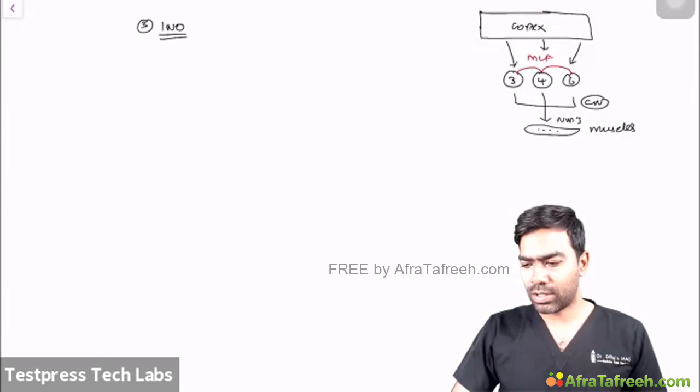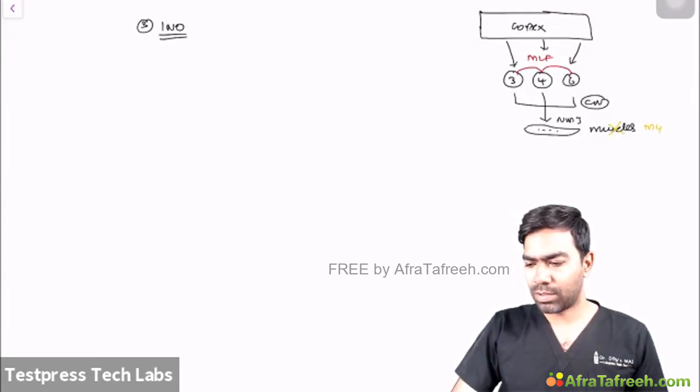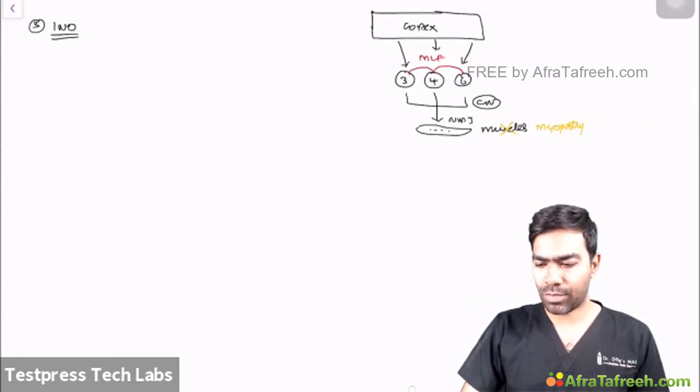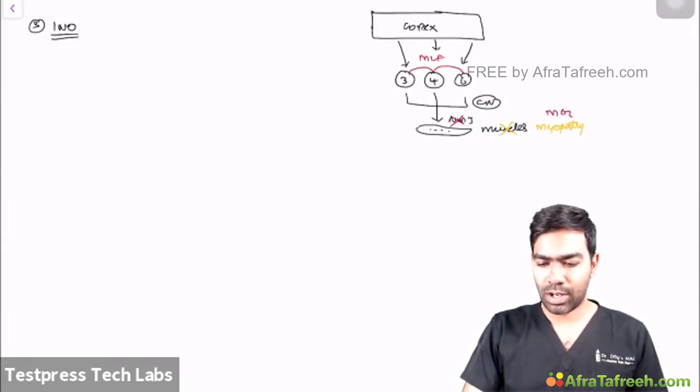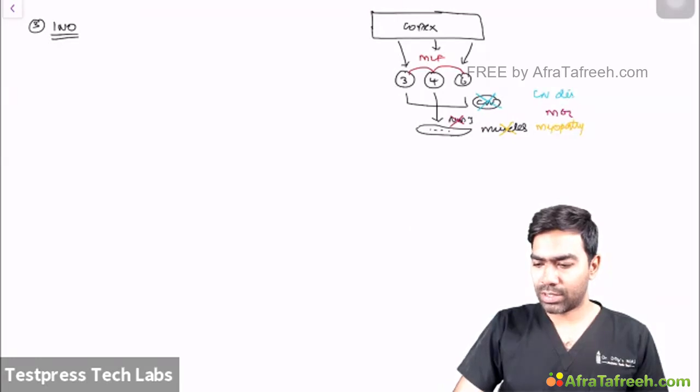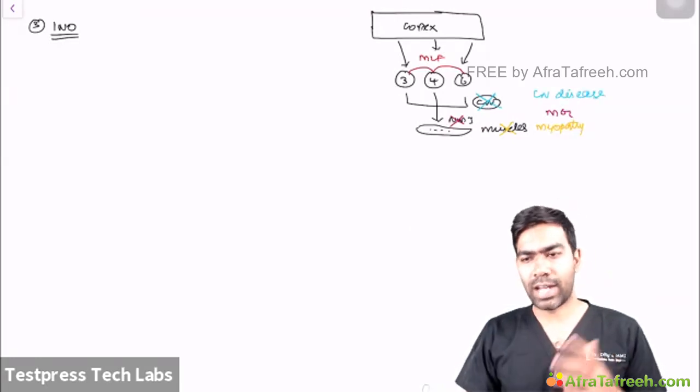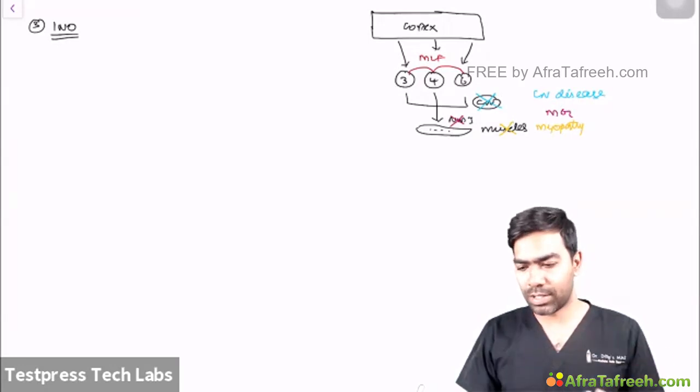To be honest, if you have a muscle problem, myopathy can produce diplopia, but very rare. Or if you have a neuromuscular junction issue, like myasthenia gravis, it can produce diplopia and ophthalmoplegia. Or you can have a cranial nerve disorder or damage, which can produce ophthalmoplegia.